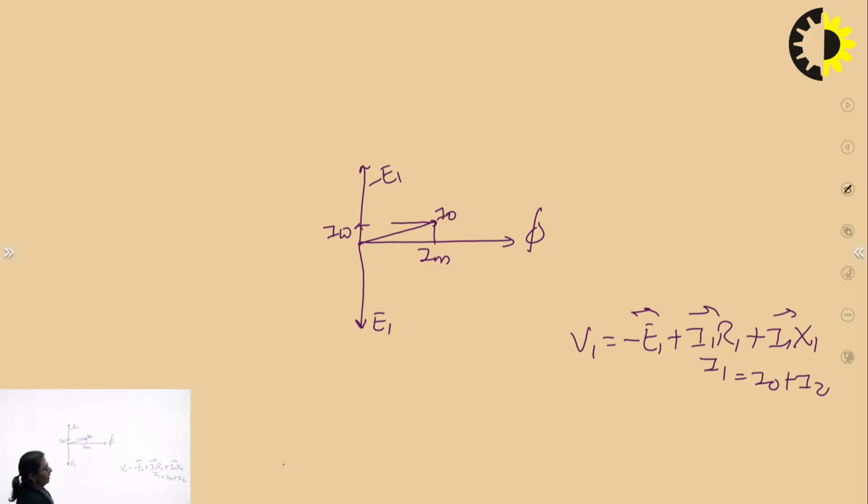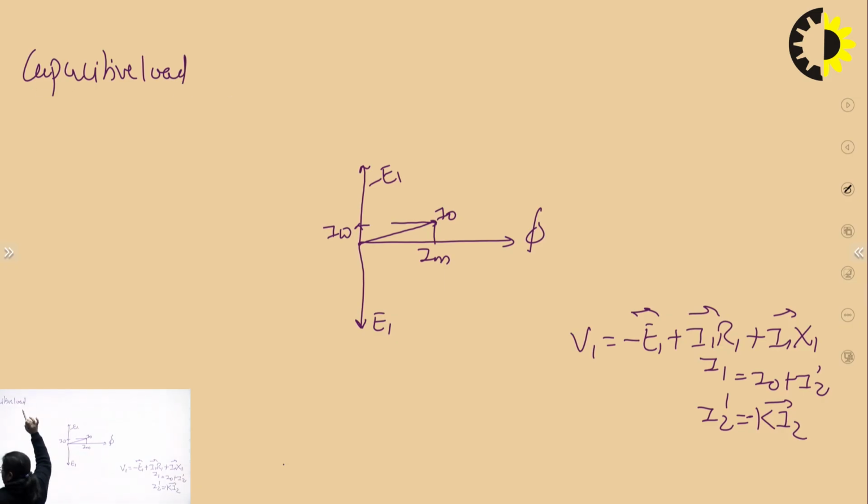Now I2 dash, just like the previous one, is minus K times of I2, and for this we need to know the load, and this time the load is capacitive load. The load is capacitive means it has to be the leading power factor load.